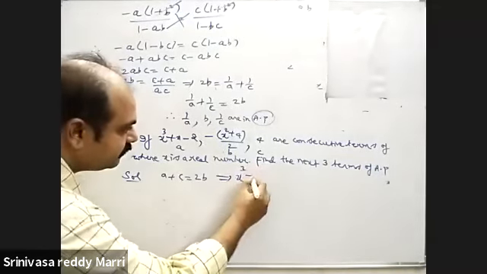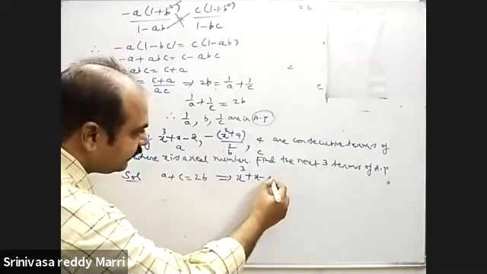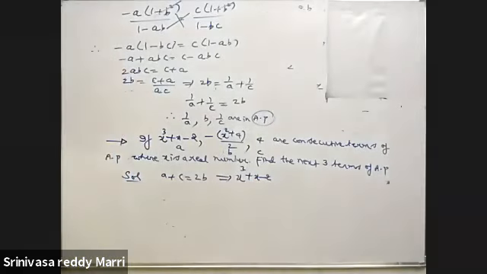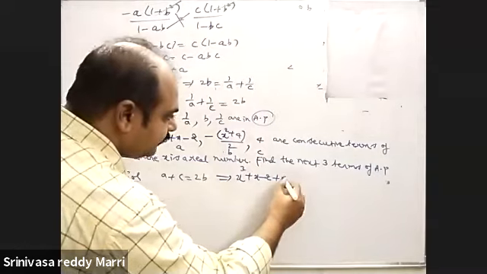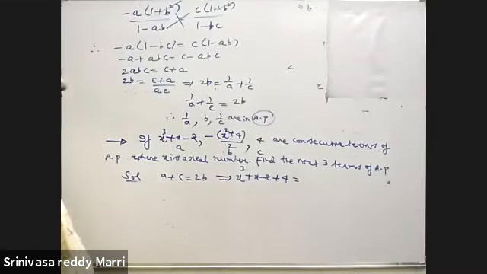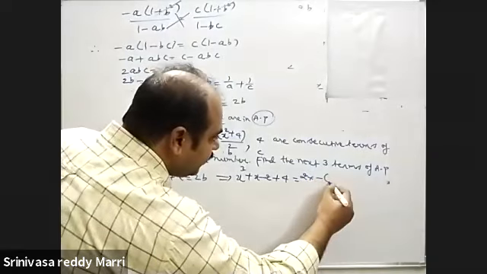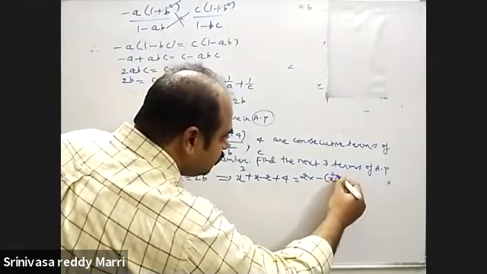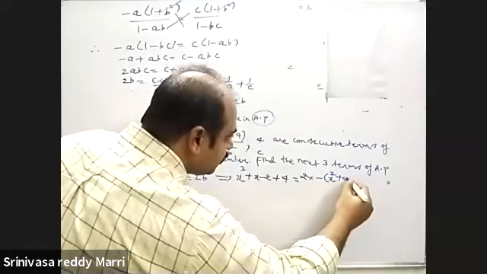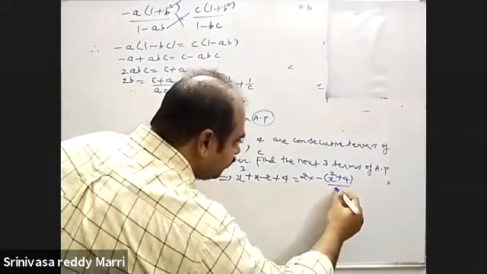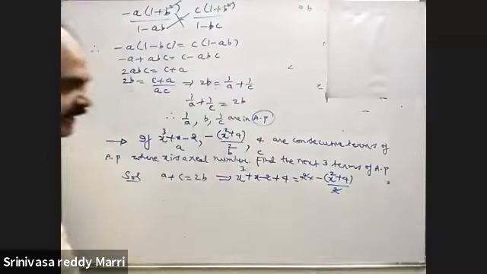That means x cube plus x minus 2 plus C, A plus C, equal to 2 into minus of x square plus 4 divided by 2. This and this will get cancelled.